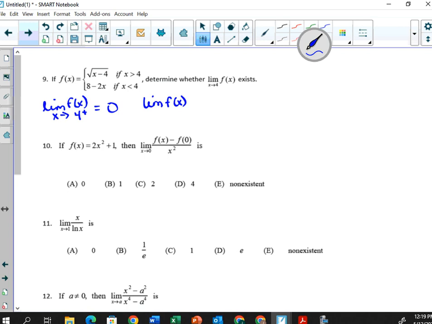Then limit of f of x as x approaches 4 from the left. 0. Ooh, they meet. Also 0. They do meet, right? Okay, it's a hole where they meet, but that doesn't matter. So the question says determine whether the limit exists. So does it exist? Yes. Okay. If they asked what it actually was, it would be 0.